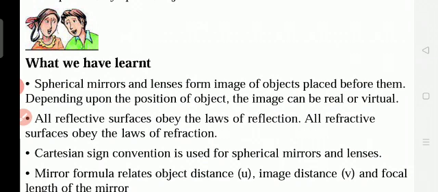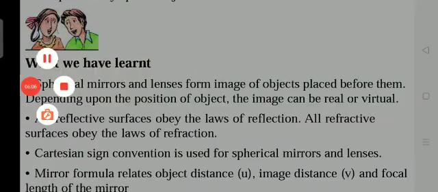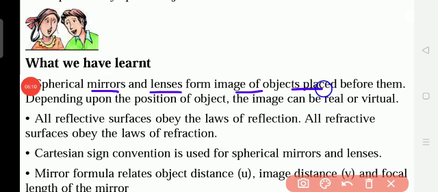So let us revise what we have learned through this. Spherical mirrors and lenses form images of the object placed before them. Depending upon the position of the object, the image can be real or virtual.